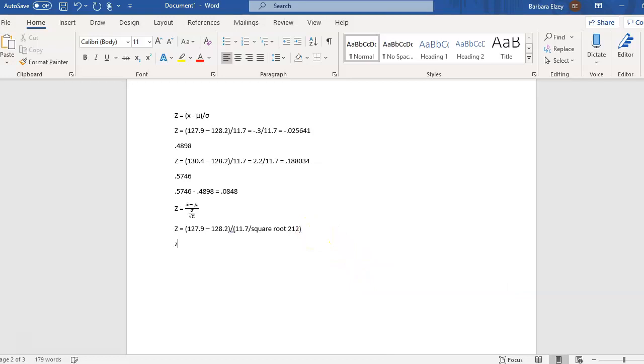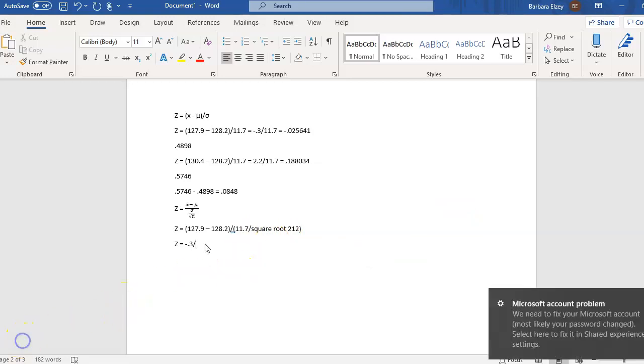All right, so let's work this out on our calculator. So the top, 127.9 minus 128.2, is really going to be the same as what we got up here. It's going to be negative 0.3. But now I've got to work out the bottom. So I've got to take 11.7 and divide it by the square root of 212. And that is going to give me 0.803559.